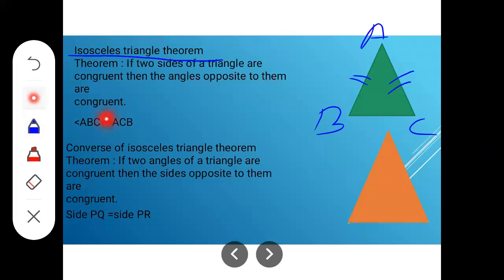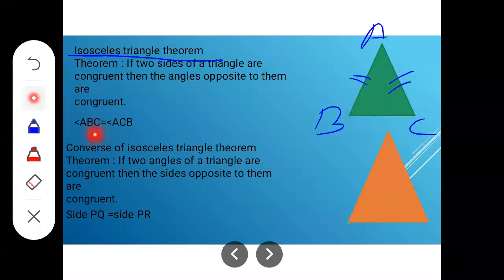Now see which are the angles opposite to the congruent sides. If I have taken side AB, then the angle opposite to it is angle C, meaning angle ACB. So angle ACB is congruent to the angle opposite to the other side. I have taken side AC, and the angle opposite to side AC is angle B, that means angle ABC.